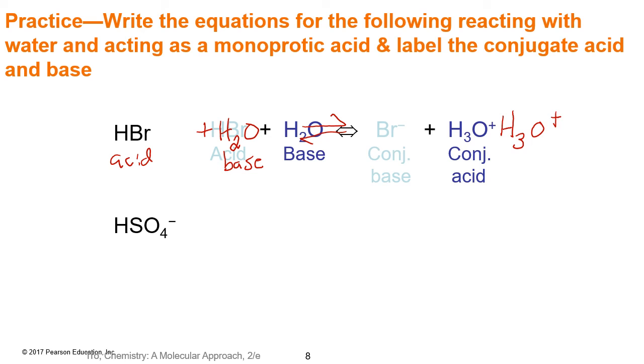It's going to accept a hydrogen. The acid is going to donate a hydrogen, and so we decrease the substance by 1 hydrogen, and we decrease the charge by 1. So it becomes Br minus, our conjugate base.